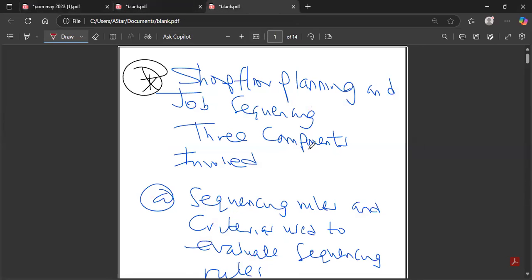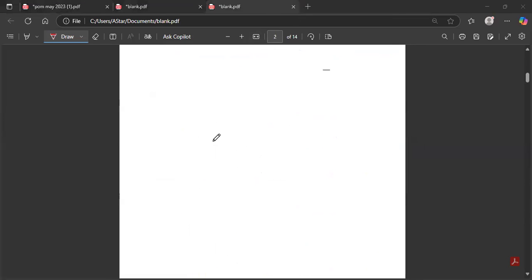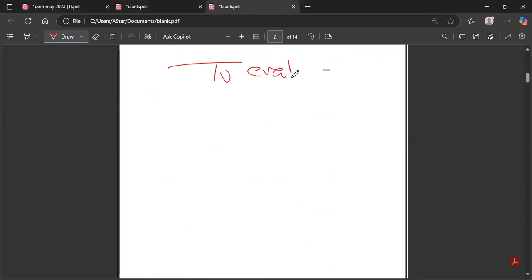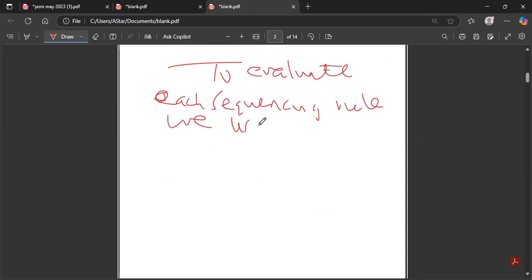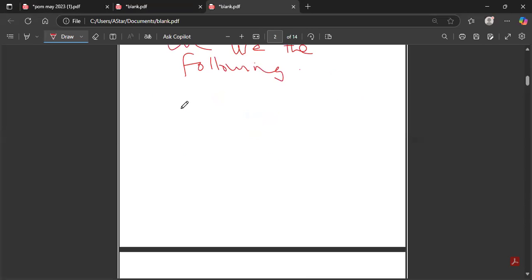What we are simply saying is that to evaluate each sequencing rule, we use the following. Number one, average flow time.